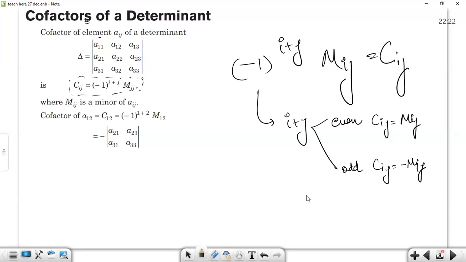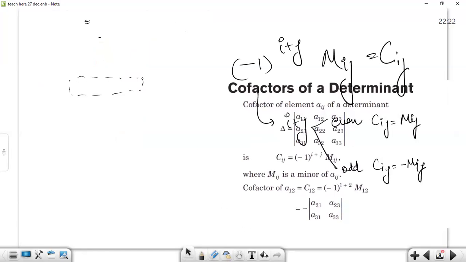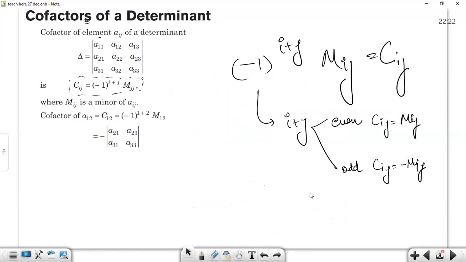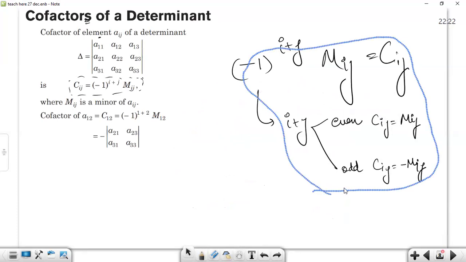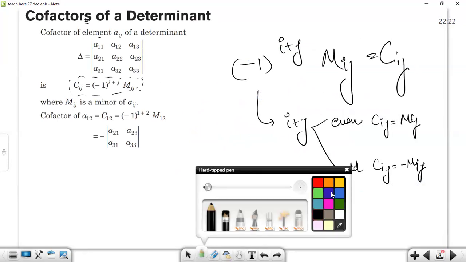Okay. So let's try to represent this particular determinant.